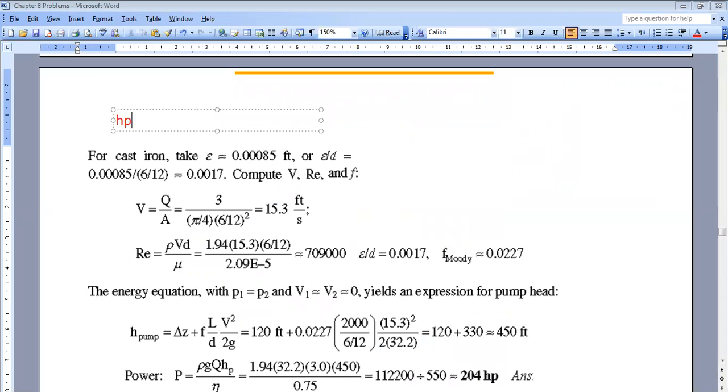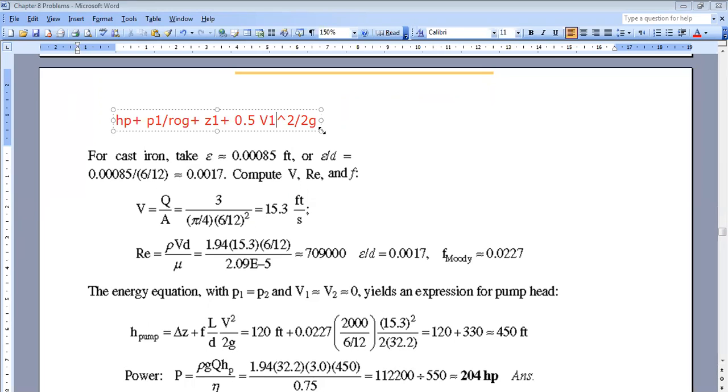So you have HP, you have plus P1 over rho G, plus Z1, okay, and plus V1 square over 2G, okay, and we should add what?